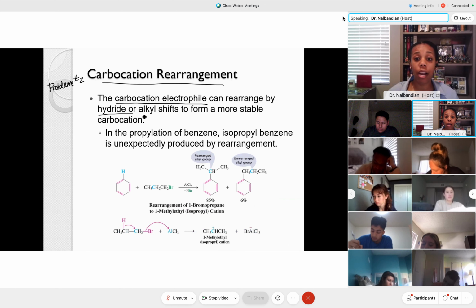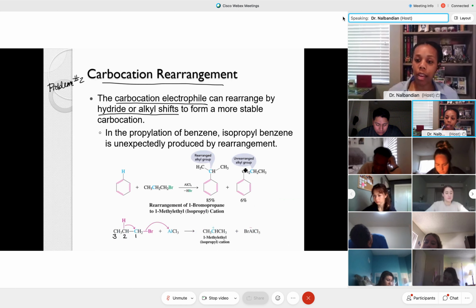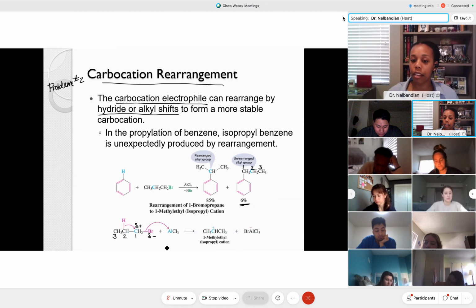We know that they can do hydride or alkyl shifts. So if we had this starting material, so carbon 1, 2, 3, we would expect to get this product, 1, 2, 3. We would expect this product, but only 6% yield of this. Okay, this carbon has a partial positive and bromine has a partial negative. What happens is that we do a hydride shift.